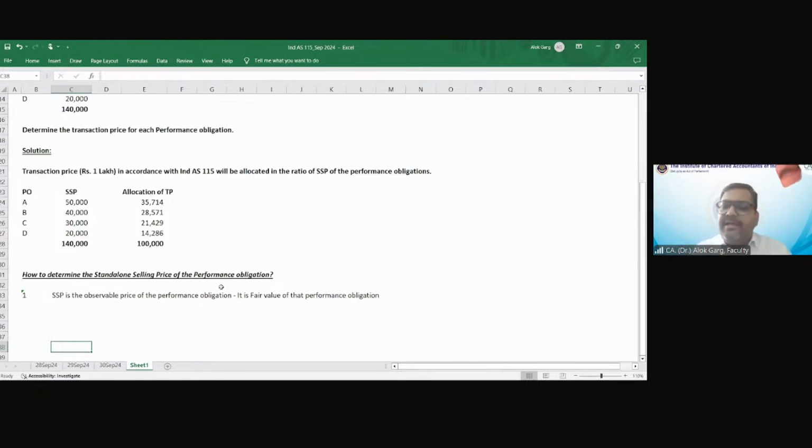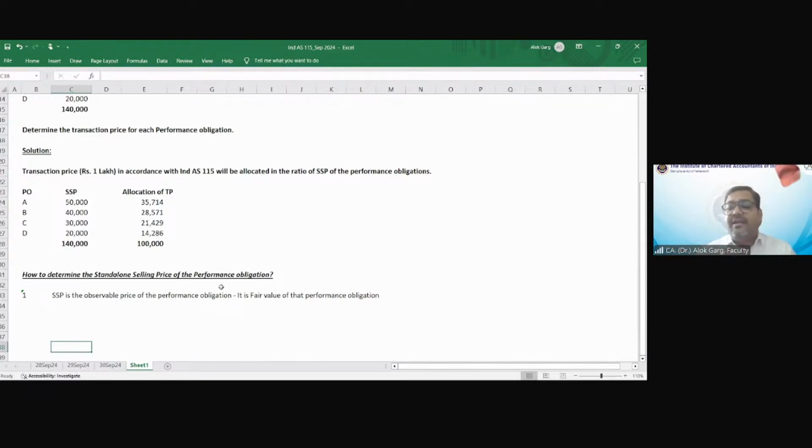But the entity also sells all these goods and services separately. The entity used to sell maintenance service separately, also provides the installation service, is also selling stabilizer, and is also selling air condition.